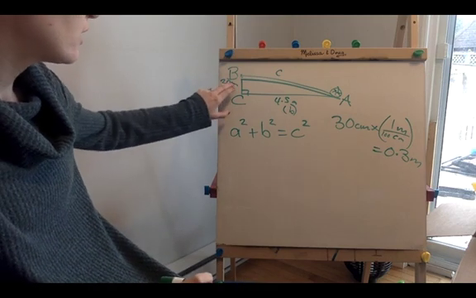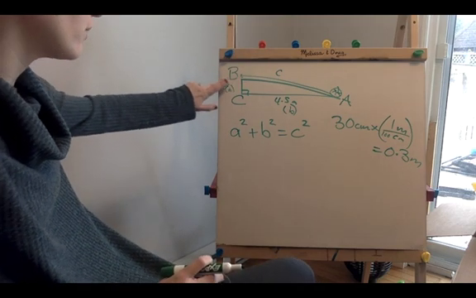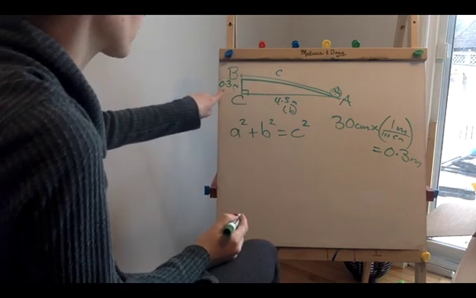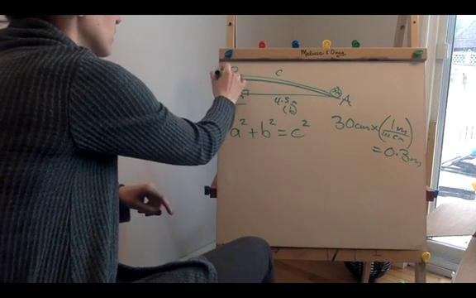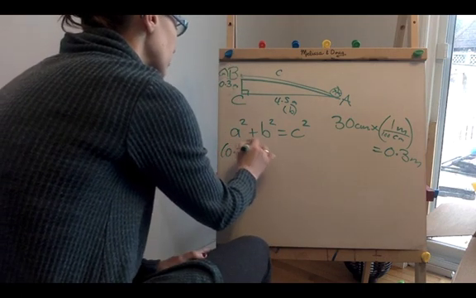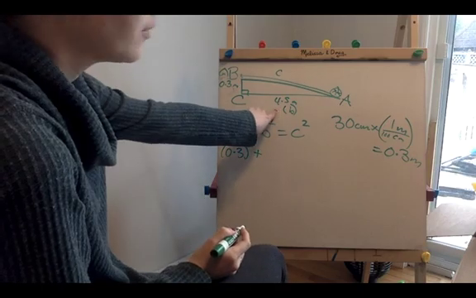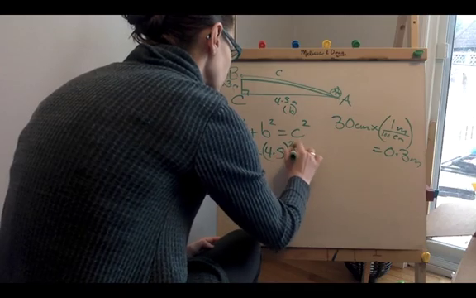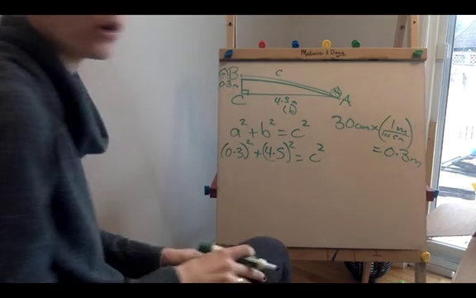So 30 centimeters is now actually 0.3 meters. All right, so that was our side length A, when we labeled it. So that'll go in for A, so 0.3 squared plus B, 4.5 squared, equals C squared that I don't know.